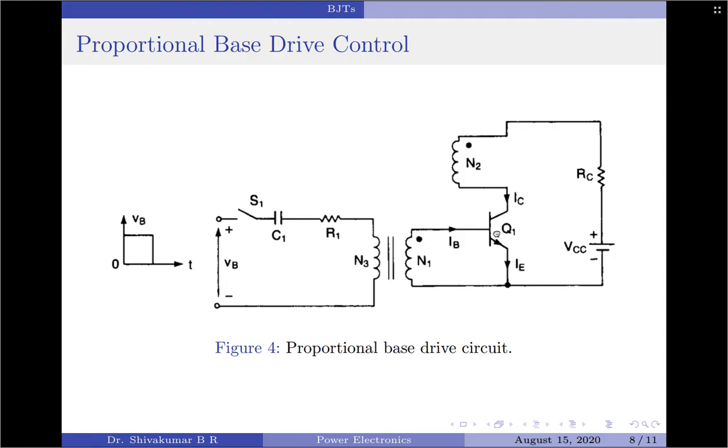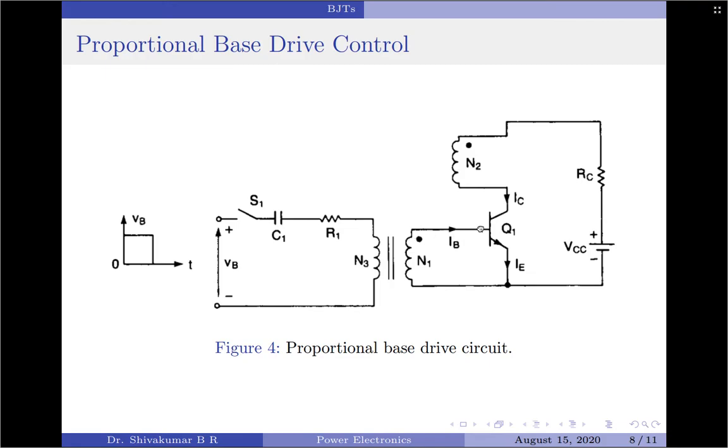Now, when the transistor turns on, there will be a collector current which flows through N2, and this N2 has mutual induction with N3. So therefore what happens is, when a current flows across N2, it will create a current across N3, which in turn will create a current across N1, and therefore the transistor continues to be in the on state.